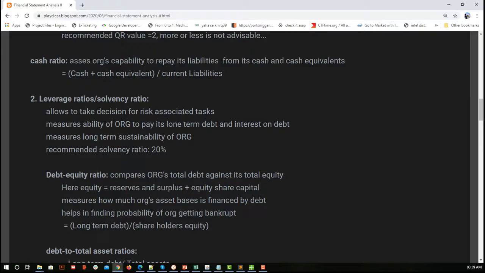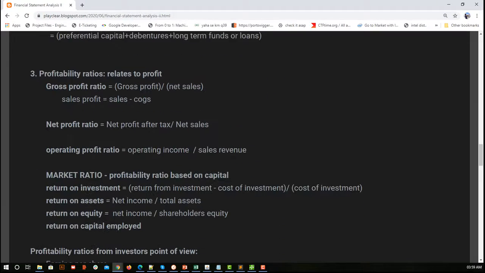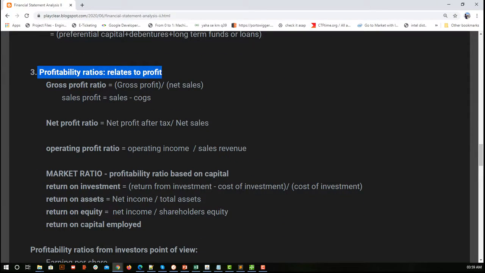Next is the leverage ratio, which is also known as solvency ratio. Solvency ratio defines the stability of an organization, and ratios which deal with this come under leverage ratios. Third, we have profitability ratios, related to profit. This is based on different attributes, how much profit an organization is getting.